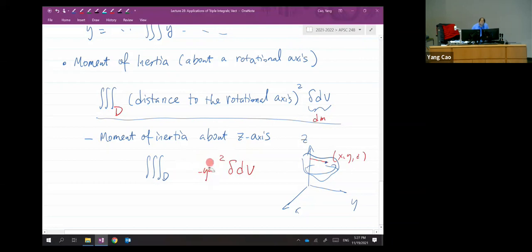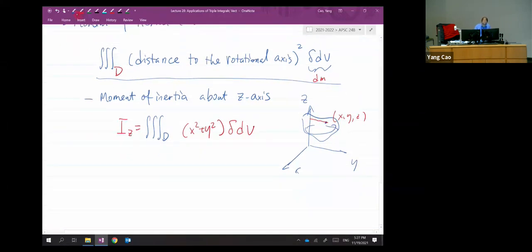So I'm just going to write it down as X squared plus Y squared. And we call this Iz. When you have a moment of inertia with a subscript Z, that indicates this is the moment of inertia about the Z axis.